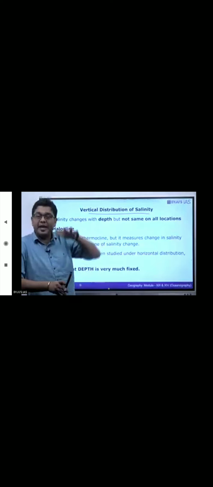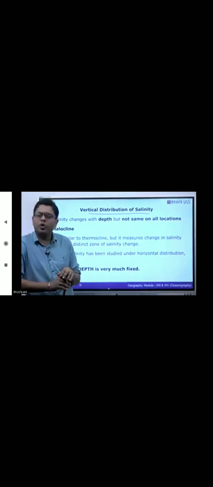Now, vertical distribution of salinity. When we talk about the variation of salinity with depth, at the bottom regions, that is the bottom 3 to 4 kilometers or 2 to 3 kilometers of depth of ocean water, salinity is largely constant. Salinity ends up varying near the top of it.